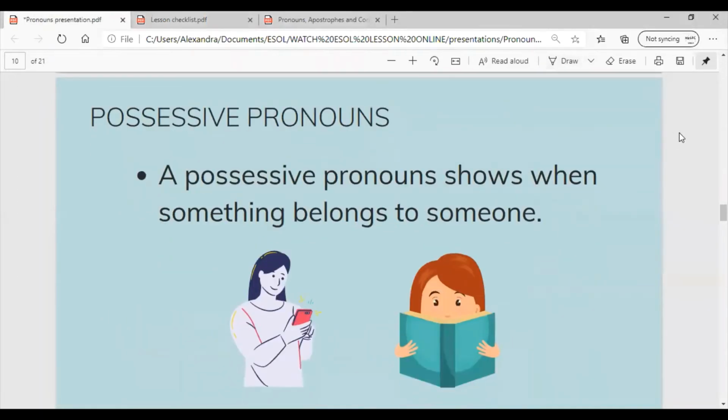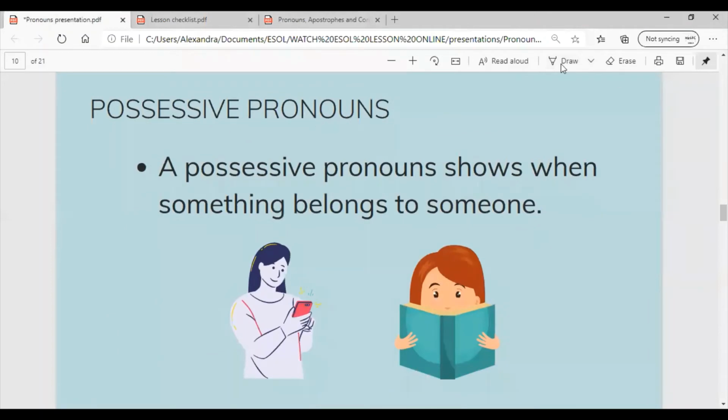Thanks. So now we're going to look at possessive pronouns. So remember, a pronoun is used in place of a person or a group. So instead of writing maybe a name like Susan, you would write she. And possessive pronouns are slightly different, as a possessive pronoun shows when something belongs to someone.